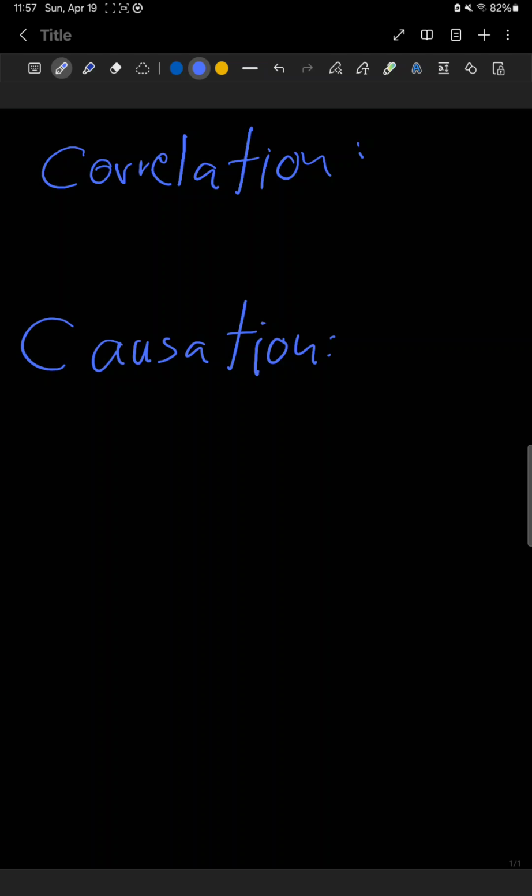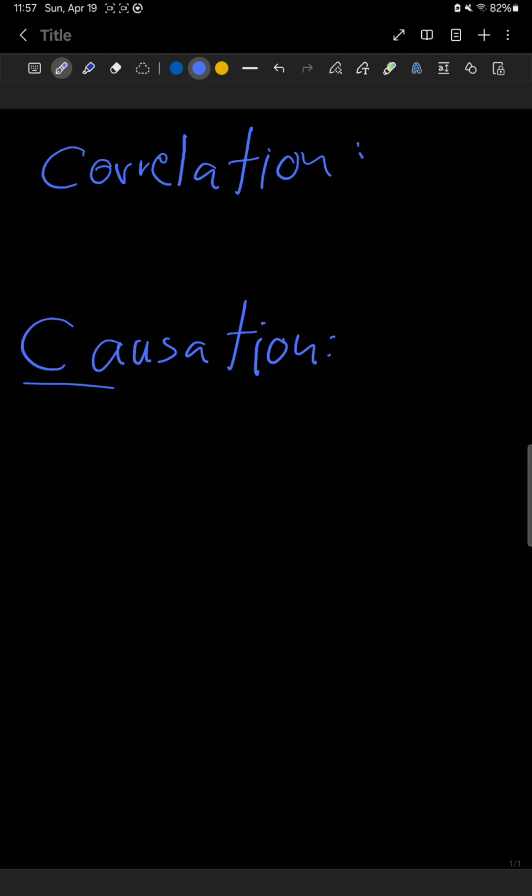But it doesn't mean that summer causes more ice cream sales, because first, summer is not always hot. In some parts of the earth, summer is cold. Second, the sales of ice cream could increase in a different season. It's possible. They're not caused by each other. They're usually correlated to each other.